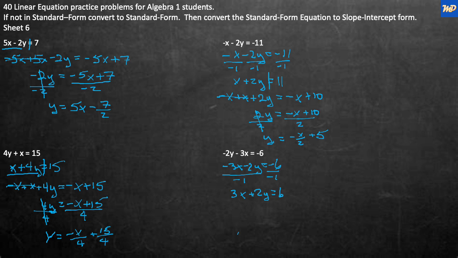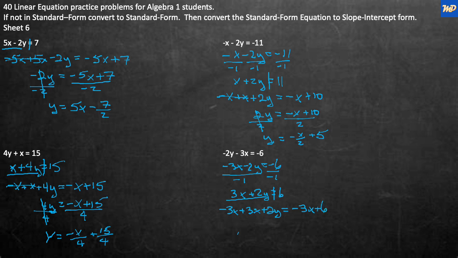We're going to get rid of the 3x. Here's our little line I drew here. We're going to move the 3x to the right side, and the 6 is already on the right side, and the y is already on the left side because the y goes on the left. So in order to move the 3x to the right side, we have to add a -3x, and we have to then rewrite this whole part of the equation: plus 3x plus 2y equals, put the x first, minus 3x plus 6.